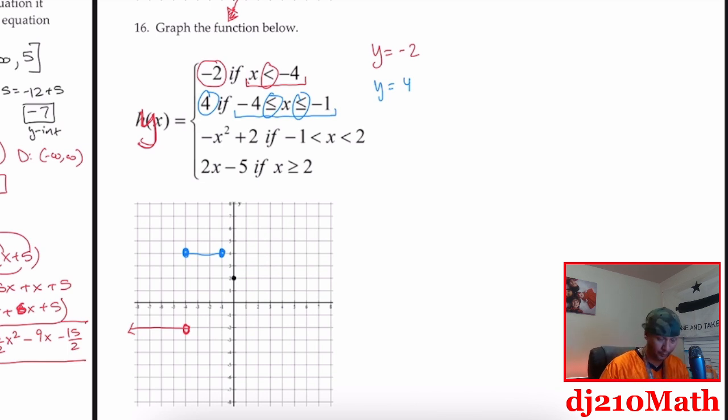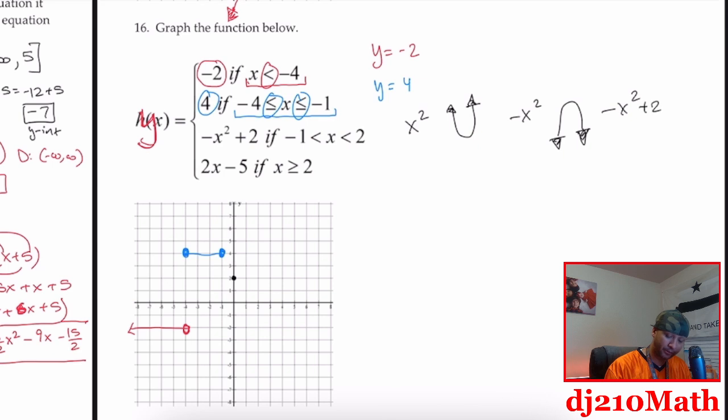And then it's just going to open down. x squared is just a standard parabola, opens upward. But this one's negative. So negative x squared, it's just going to open downward. And then we translate it, negative x squared plus 2. It just moves up 2. This is a crude drawing, but it's basically a parabola that goes up.